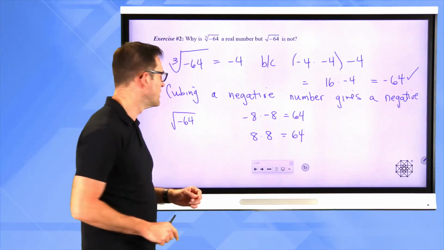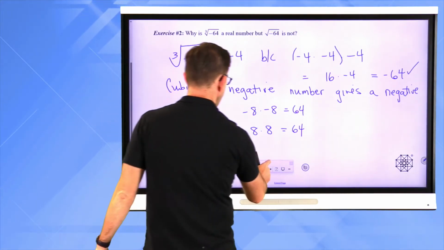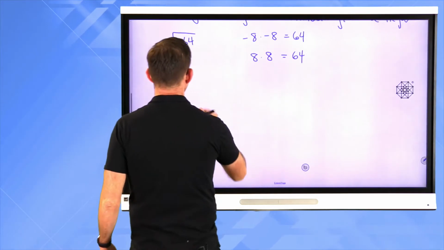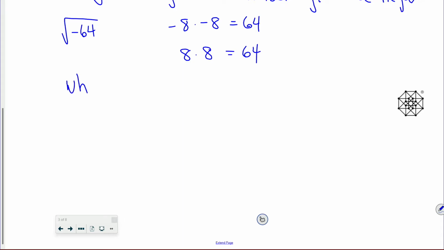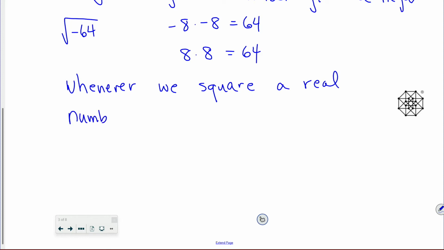And the plain fact is we cannot take the square root of a negative number, because whenever we square a number, I should say, a real number, the result is not negative.